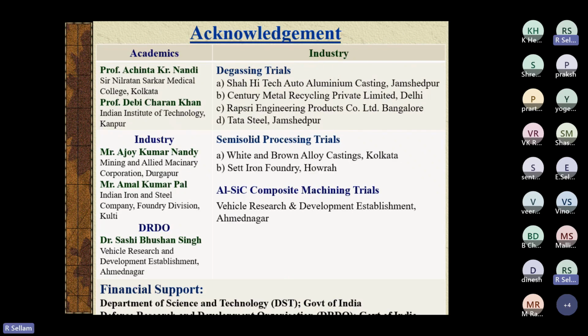Second, I shall make my acknowledgements. From the academic side, I got support from my family members like Dr. Achinta Kondandi, who is faculty of neurology at the Medical College, Kolkata. The electric current treatment is basically something I have taken from him, because electric shock treatment is known in medical science, but in the metallurgy field it is less used.